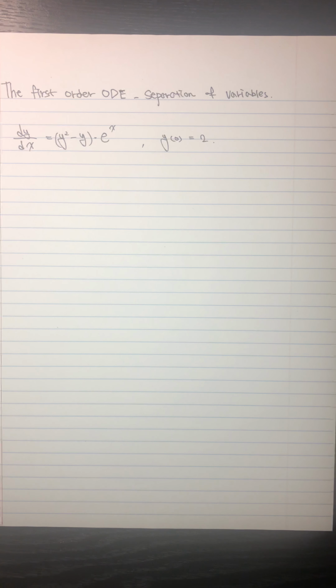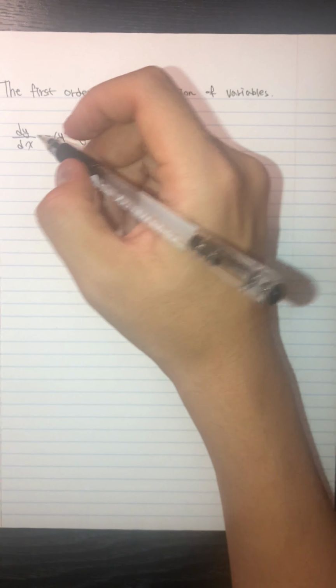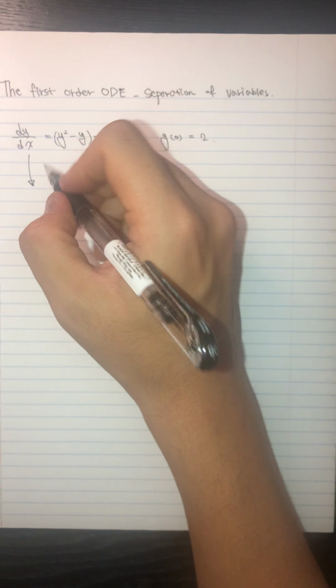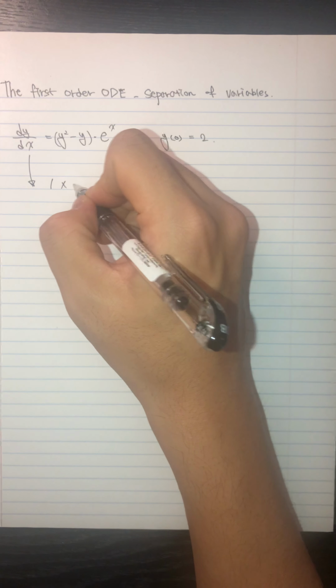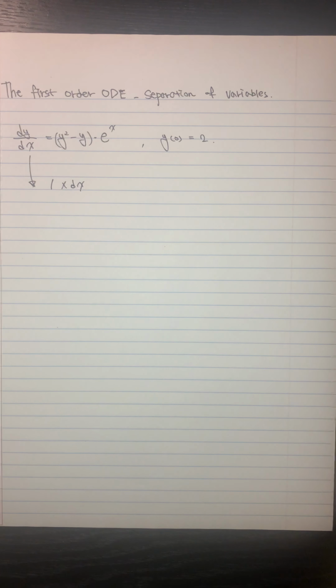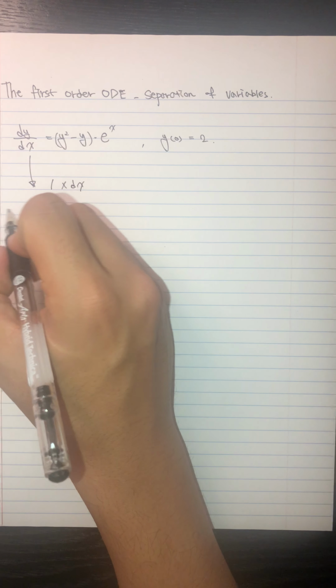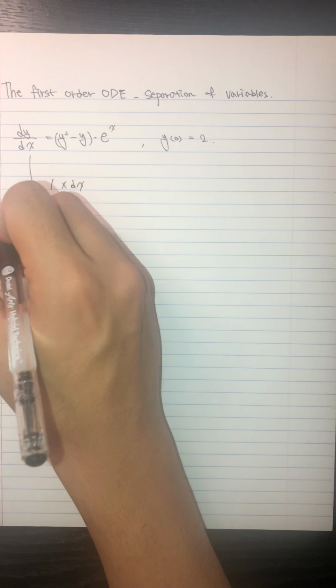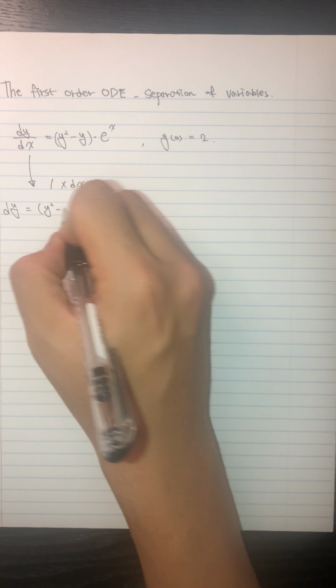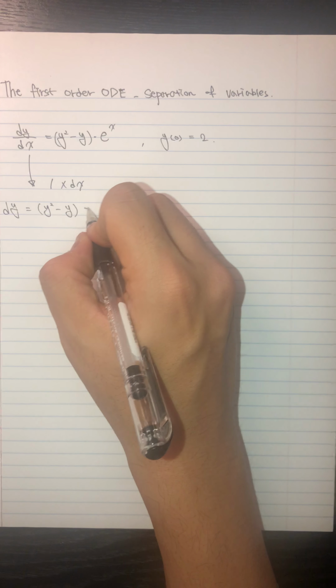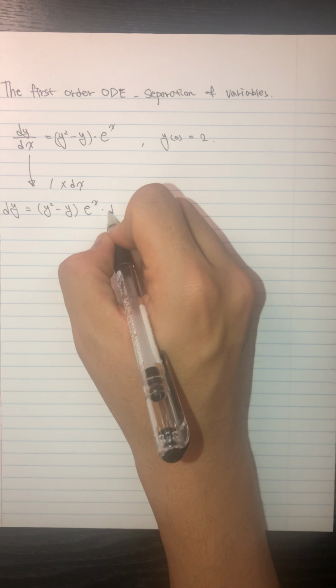Okay, so let's start. From here, we just multiply dx to the whole equation. So dy equal to (y squared minus y) exponential x dx.